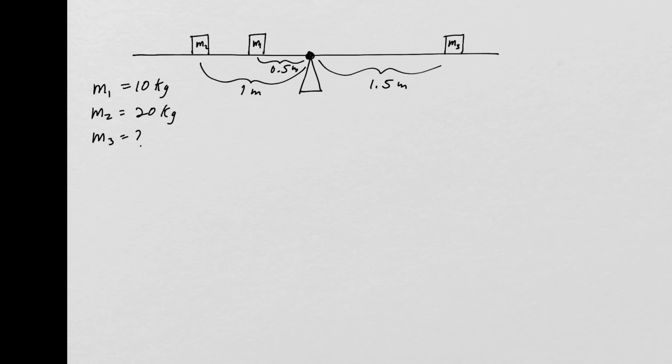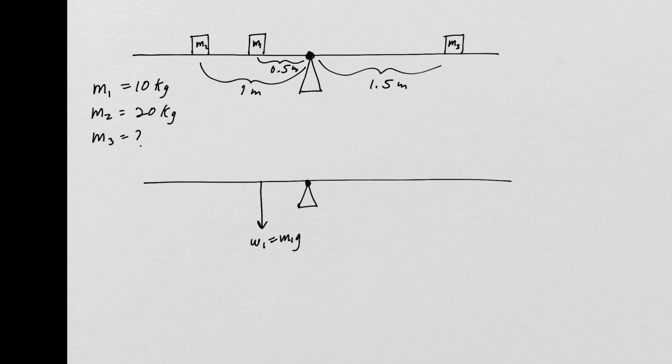Okay, so think about what's going on here. I actually have 5 forces acting on that beam, the seesaw. So let me draw this again. I have weight 1 acting where M1 is, and remember, the weight is going to be M1g.